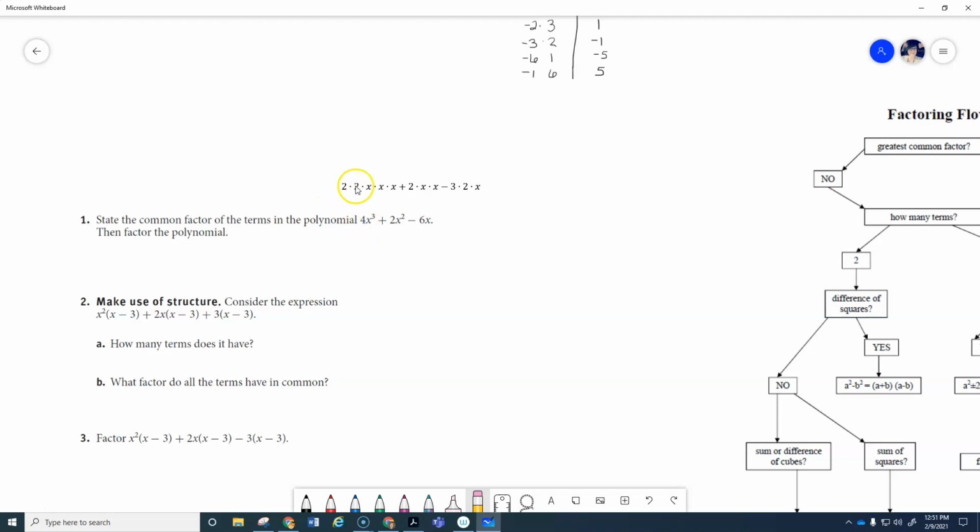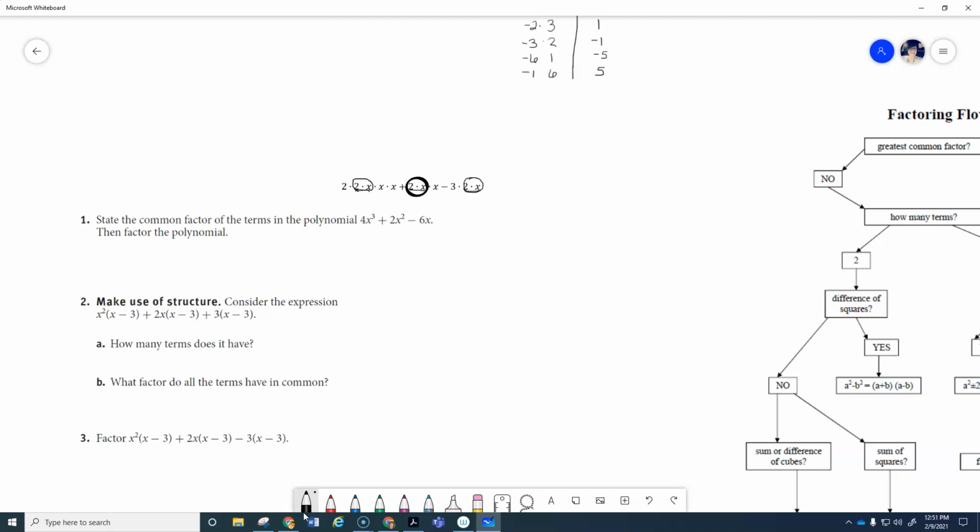The 4 becomes 2 times 2, the x cubed becomes x times x times x, and so forth. And what we're looking for is a common factor, numbers that appear in all 3 terms. This problem has 3 terms, term 1, term 2, term 3, and it looks to me like each term has the factors 2x in them.